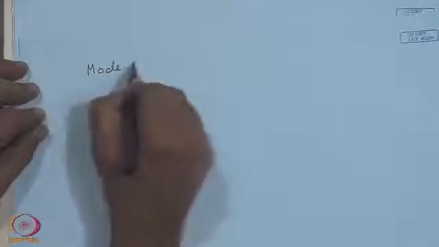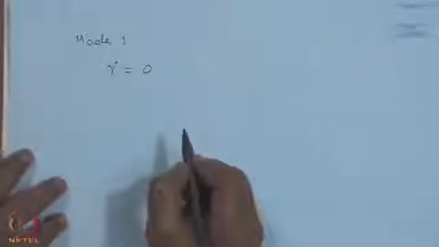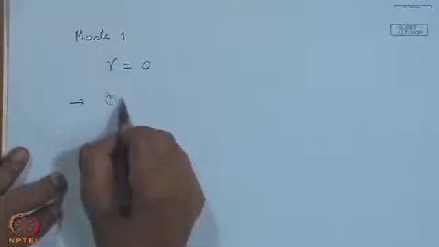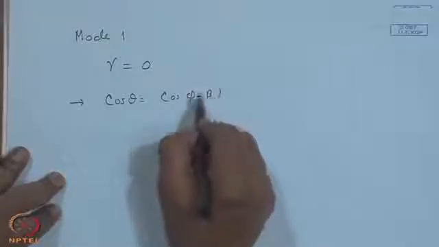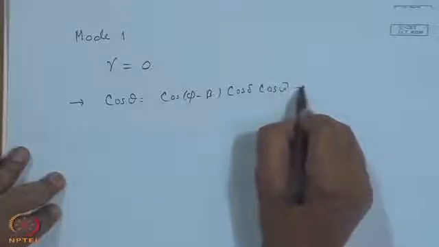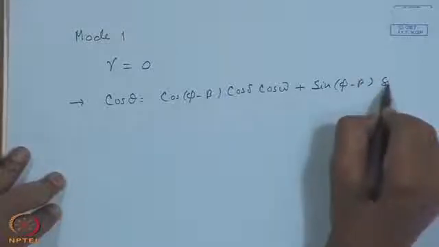So, if you take this arrangement, gamma is 0 because it is an east west axis. So, it is south facing. So, my gamma is equal to 0. Consequently, the cos theta expression is simple, it is cos of phi minus beta, cos delta cos omega, plus sin of phi minus beta, sin delta.